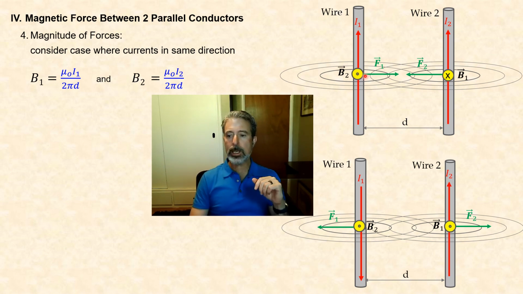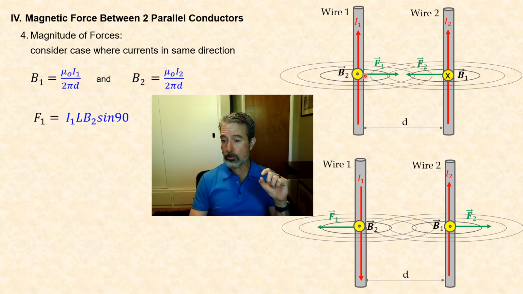Given this, we can now take a look at the magnitude of the force from our cross product expression, ILB sine theta. In this case, the force on wire 1 will be equal to the current in wire 1 times the length of wire 1 times the magnetic field due to the other wire, B2, at wire 1.